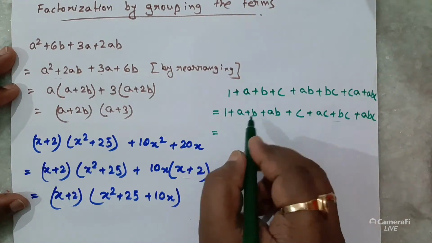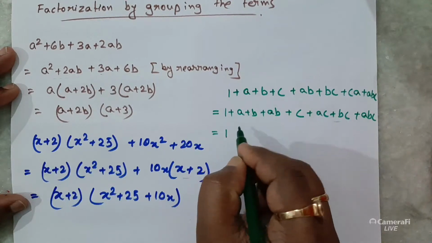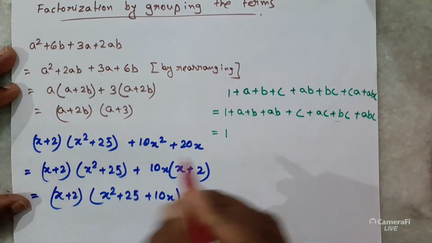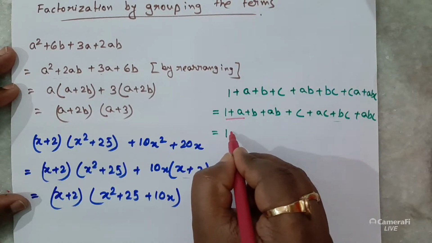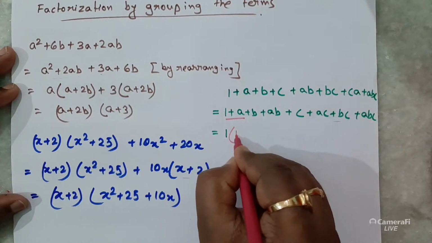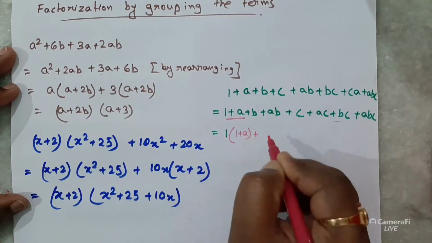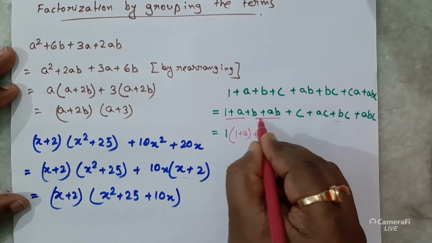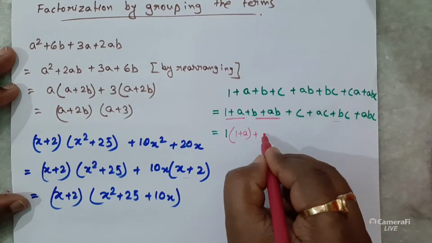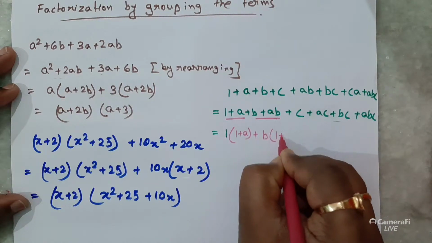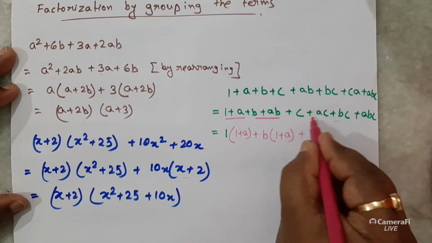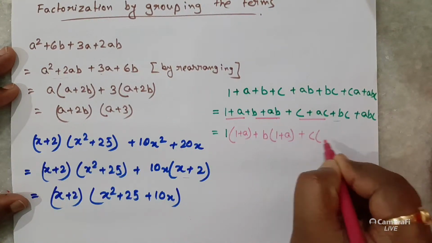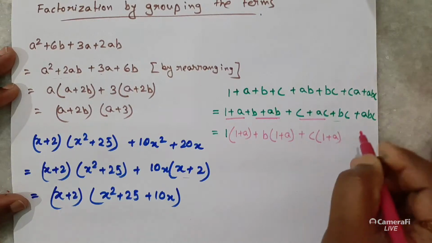From the first two we are taking 1 as common. See, from these two we are taking 1 as common, so it will be 1 plus A. From this we are taking B as common, so it will also be 1 plus A. Then from these two we are taking C as common, then 1 plus A also.